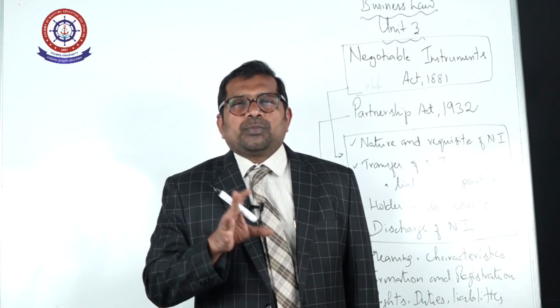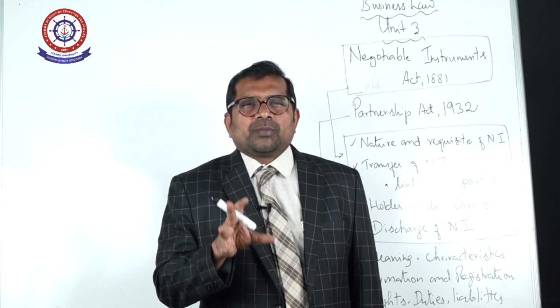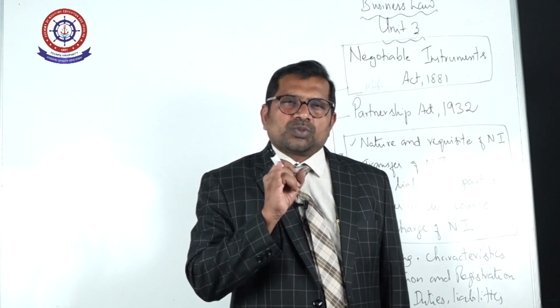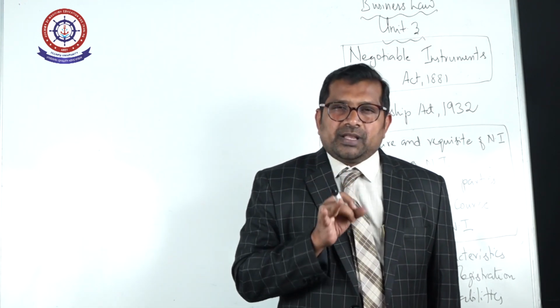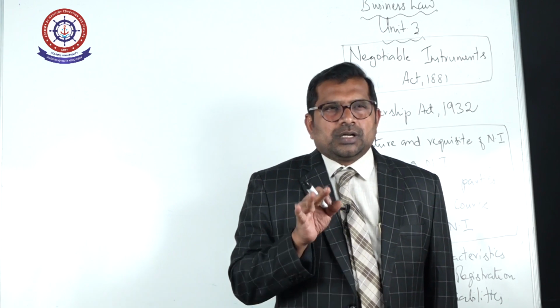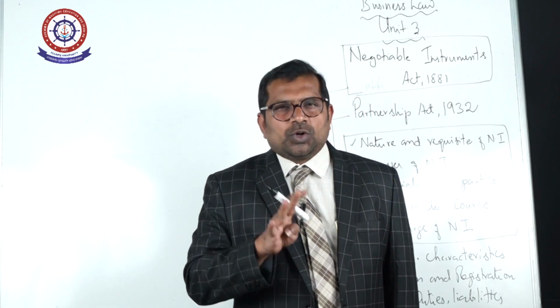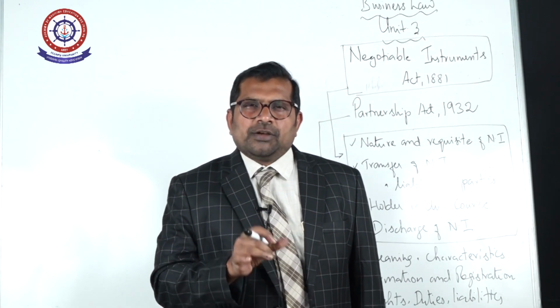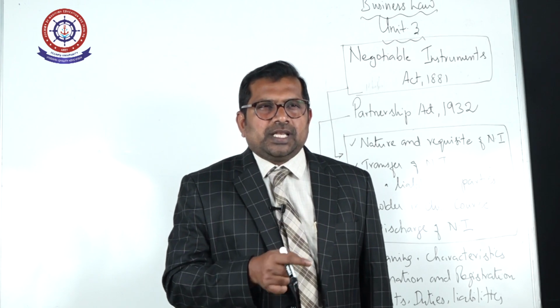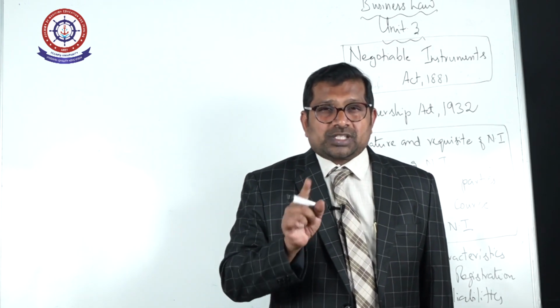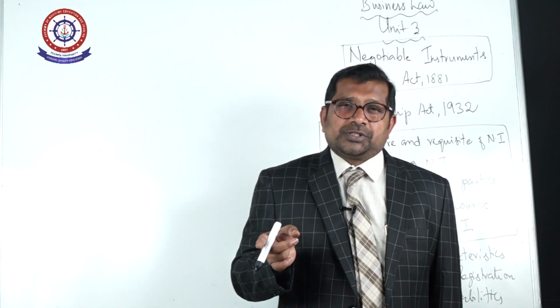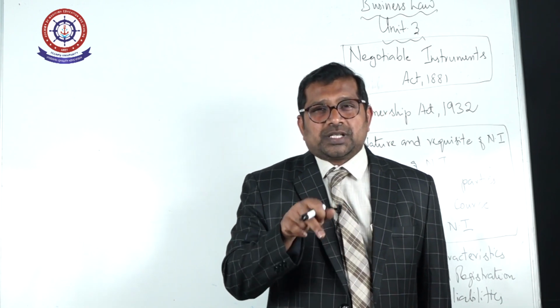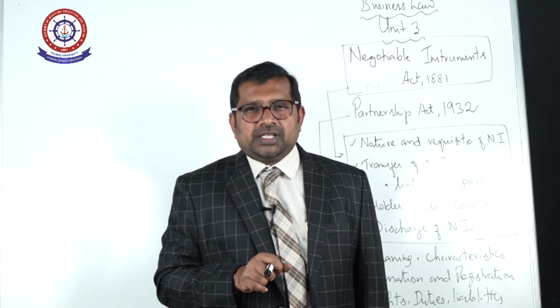So there are 2 important classifications: promissory note and bills of exchange. First one is drawer. Second heading is order and promise. Third one is acceptance. Fourth one is parties. Fifth one is liability. Sixth one is noting and protesting. Noting is presented in a promissory note. Both noting and protesting are presented in the bills of exchange.